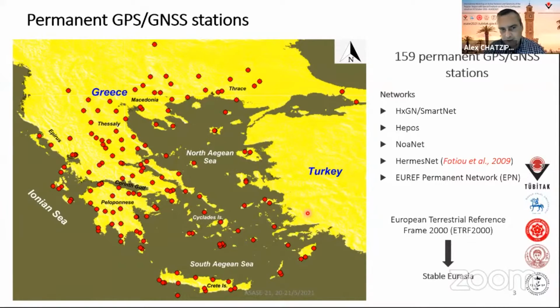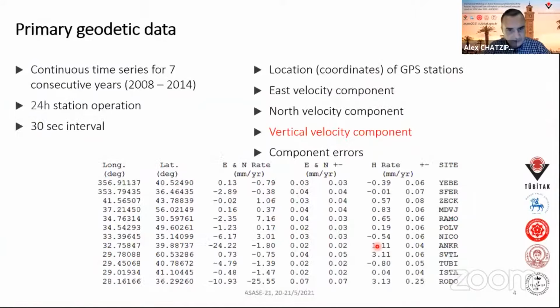And I will come back later to this map at the end of my presentation. We used information and data from several networks, and we tried to solve the data using the ETRF 2000 reference frame.